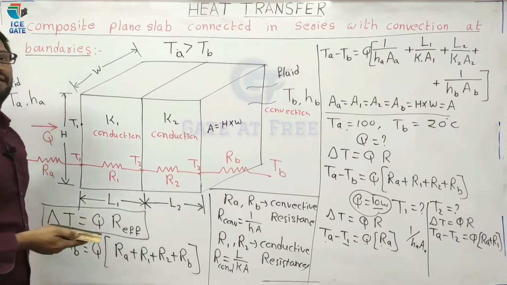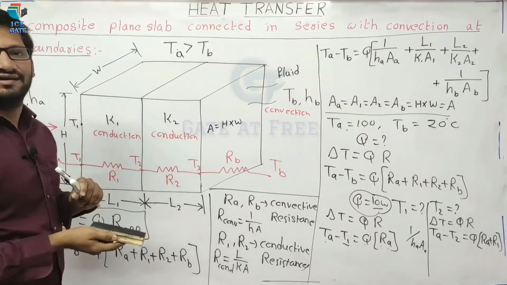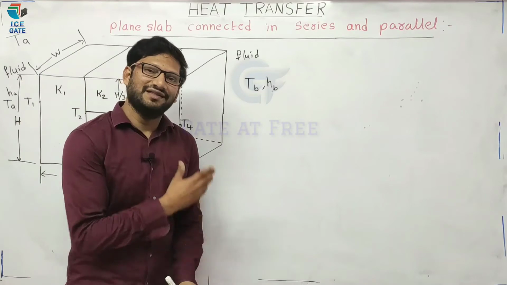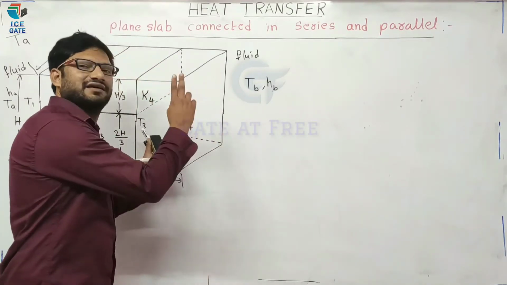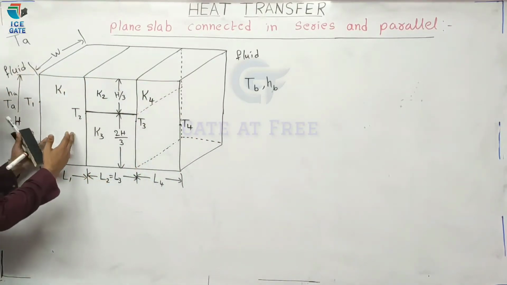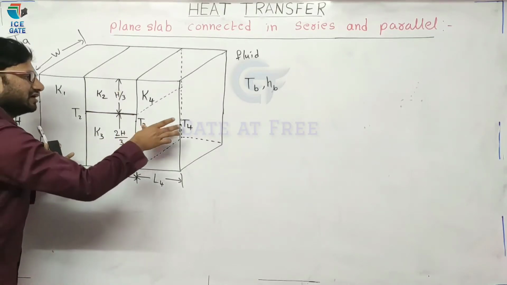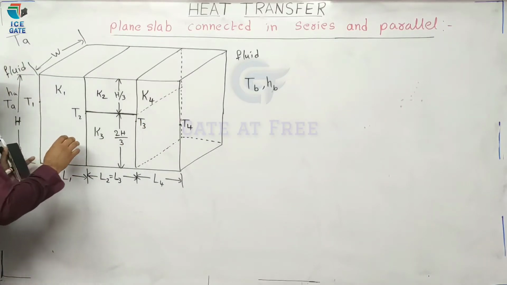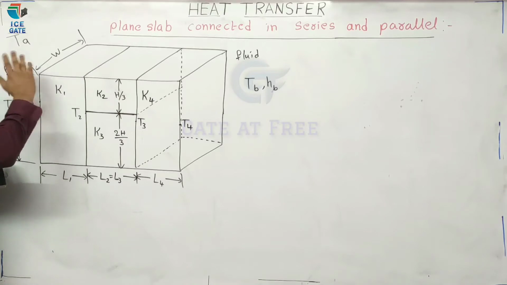plane slab connected in both combination of series and parallel. Now in this case the plane slabs are connected in combination of series and parallel. So this is material 1, material 2 and material 3 are in parallel, and this is material 4. Okay. Now it is surrounded by fluid medium.